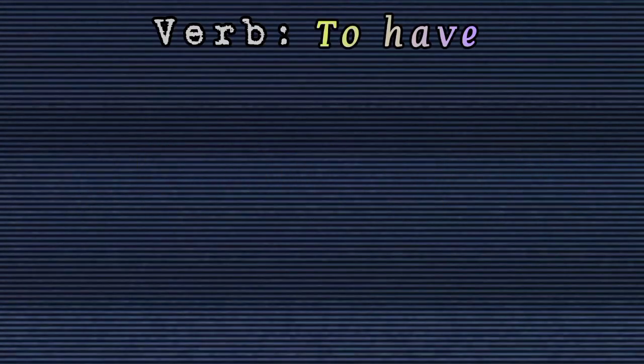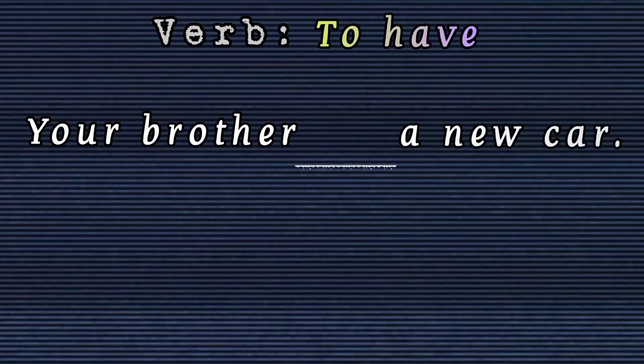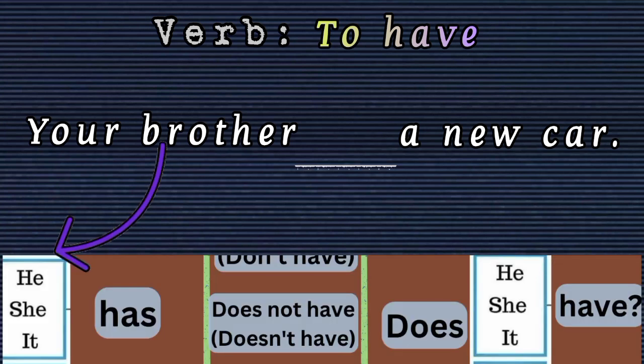3, 2, 1. Let us practice the verb to have in the simple present tense. Your brother a new car. In this sentence, the noun brother can be replaced by the subject personal pronoun he. Therefore, we will use has.